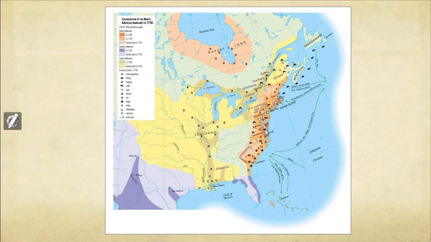These are mainly settler colonies, especially up here. The only area for large-scale agricultural plantations of the kind you see in the Caribbean, those opportunities are for tobacco plantations in areas like Virginia, or for plantations growing things like rice down here in South Carolina. Cotton's not yet a big cash crop in that part of the world. That really starts booming around 1800.